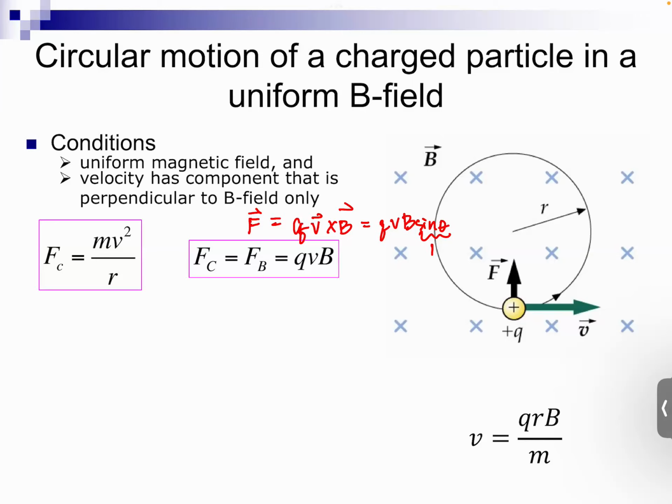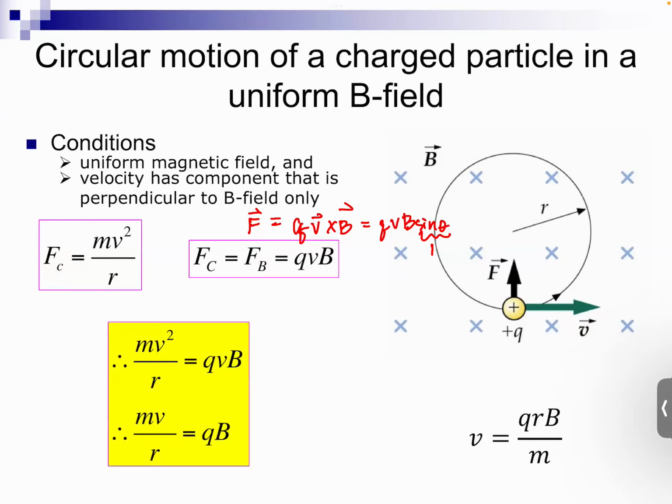Hence, the magnetic force is just equal to qvB. It's this magnetic force that provides the centripetal force. Hence, you have the centripetal force equal to qvB.